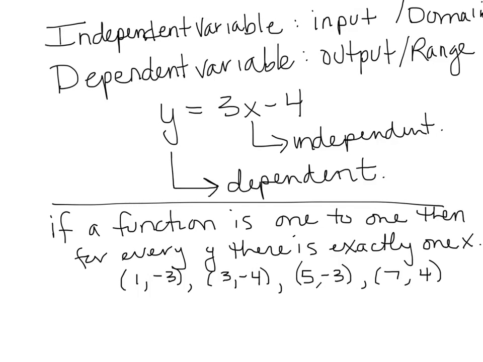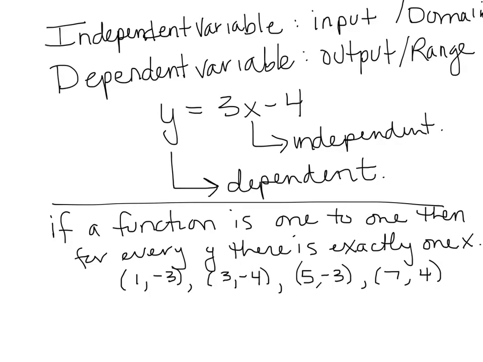Okay, so here I have a relation, and I'm first going to decide if it's a function. To do that, for every x, there's only one y. And that's true, because I have not repeated my x's. So then I say, okay, I have a function. Now, is it a one-to-one function? Is there a y value that has more than one x? That would be bad.